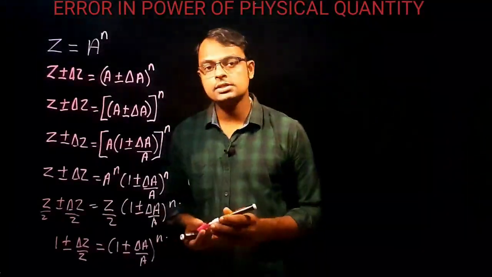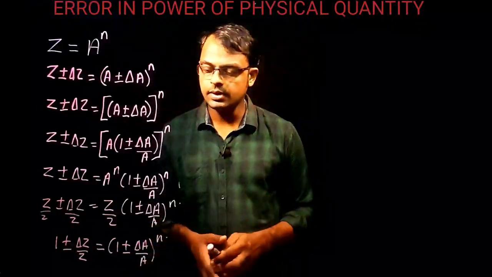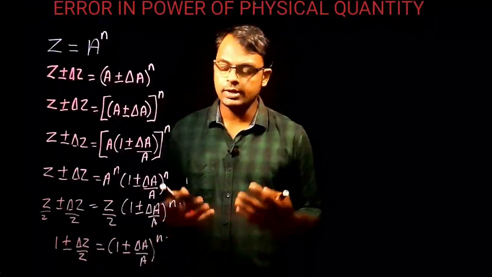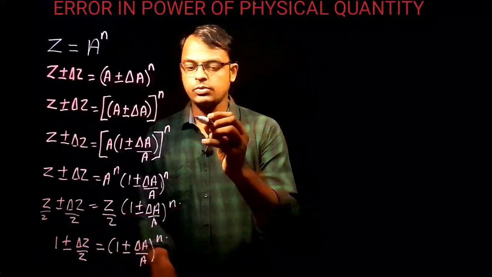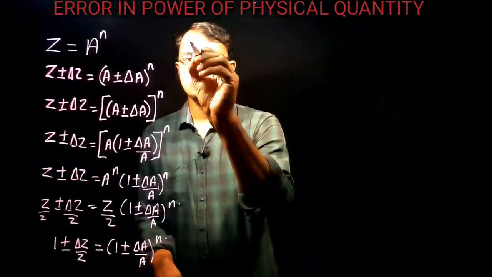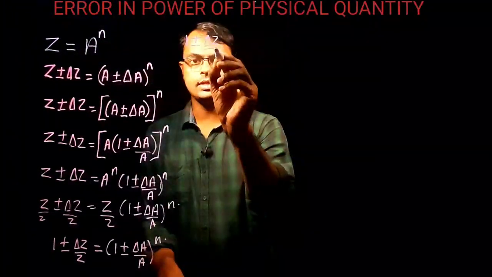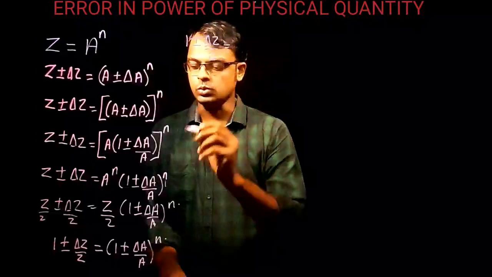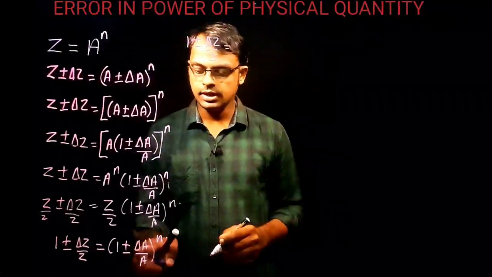Now, as we already discussed in the first class, this can be compared with the binomial theorem or binomial equation. If you write the binomial equation, we can write 1 plus or minus delta z by z is equal to 1 plus or minus x to the power n.